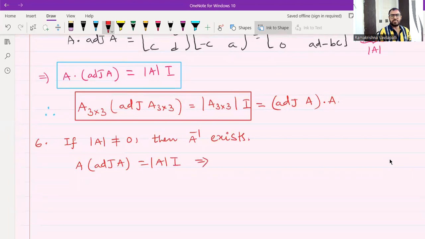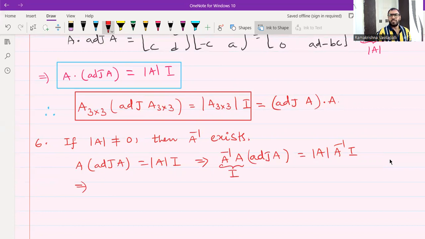This implies I want to find out A inverse. So multiply left side with A inverse. A inverse into A into adjoint of A. Okay. Matrix multiplication is associative. And here A into A inverse is I. This is known as pre-multiply. Okay. So this implies this A inverse into A is nothing but an identity matrix. It is simply like you can think as a 1 in real number system. So 1 into x equal to x.